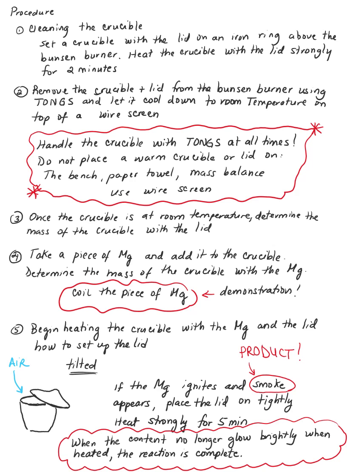If it's still glowing, cover the crucible with the lid again and just wait another 5 minutes. So keep waiting. 5 more minutes, open the lid and look at your magnesium. So you're not turning off the Bunsen burner, you're not removing the crucible from the flame, okay? You're just checking if the reaction is over.